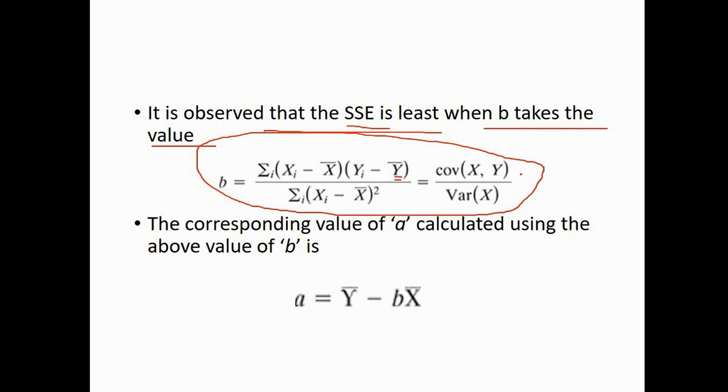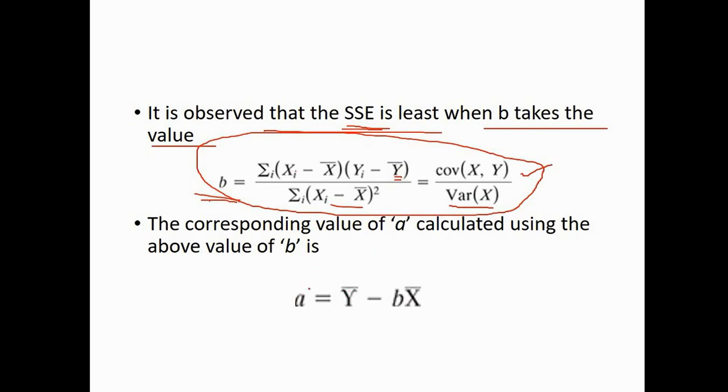That is the covariance of xy, divided by the variance of x, which is obtained by the sum of the squares of each x value subtracted with the mean of x. That will get you the variance of x. So when b takes this value, the sum of the squares of the error will be least.